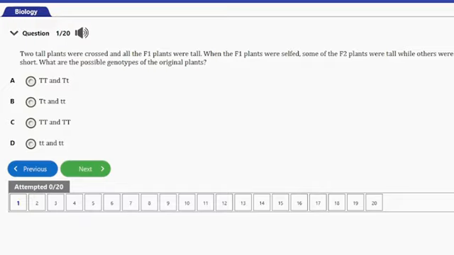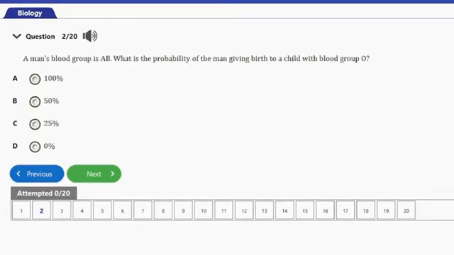And then if you cross the F1 generation again, when you self them, some of the plants will now become short, because some of the heterozygous tall plants, when they cross with other heterozygous tall plants, will eventually yield homozygous dwarf or short plants. So that's it for that question.